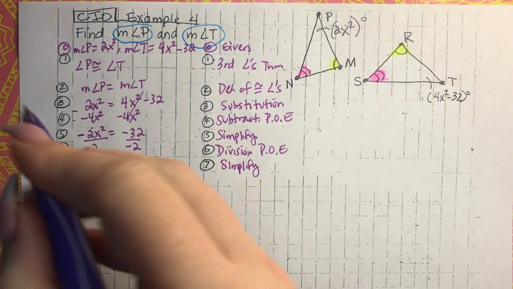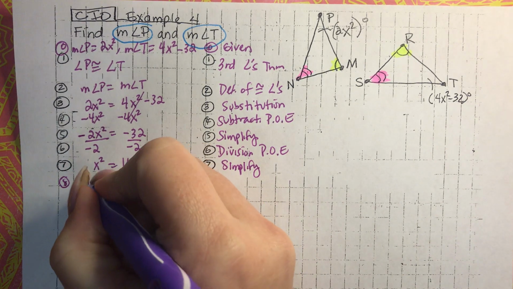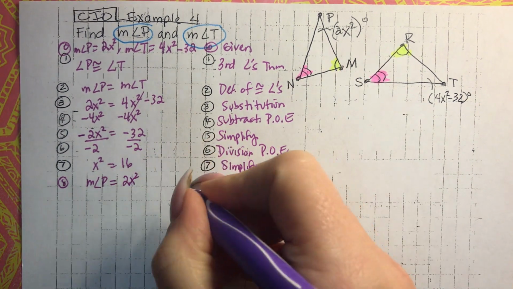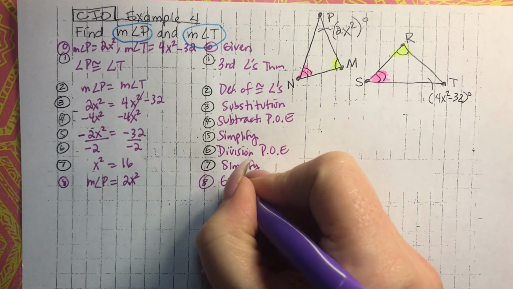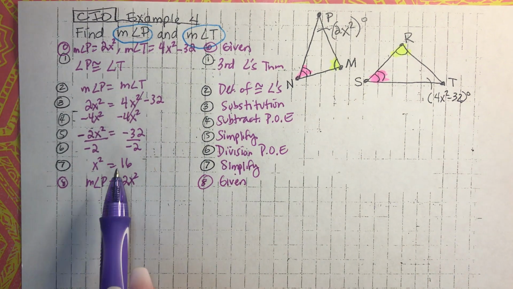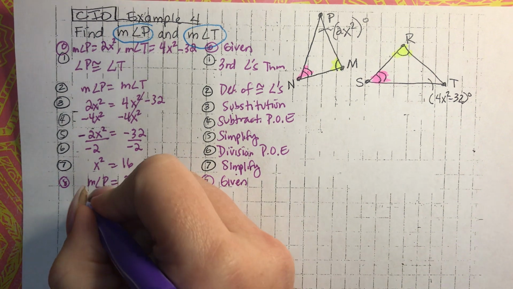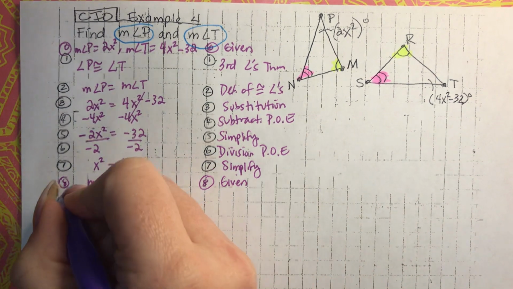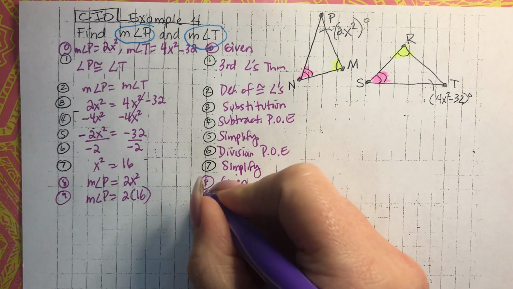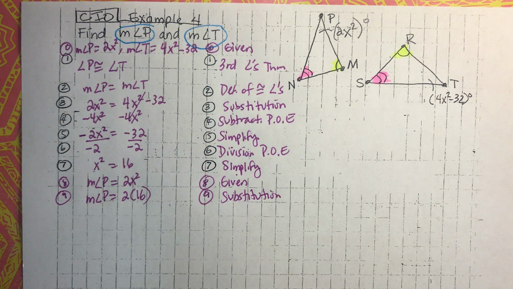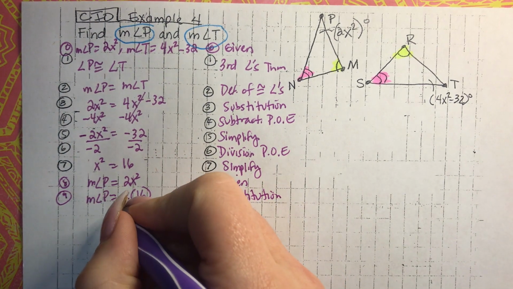So let's go ahead and we'll say measure of angle P equals 2x squared, right? That is given. And then we're just going to substitute 16 in for x squared because that's what x squared equals. Okay, that is substitution. And we end up with, what do we end up with?